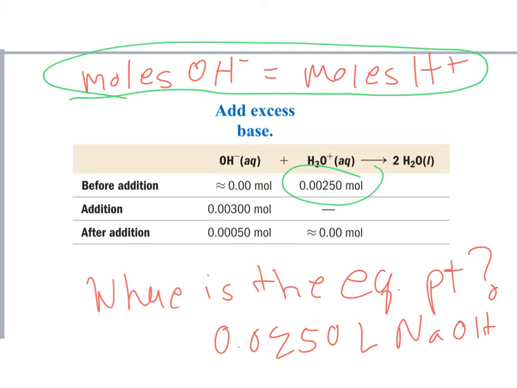We can compare it to the molarity of NaOH, which we know is 0.100 molar. And if we set that up, we can determine what the volume of NaOH is to reach the exact point where we've added the exact number of moles of OH minus as we had H plus.